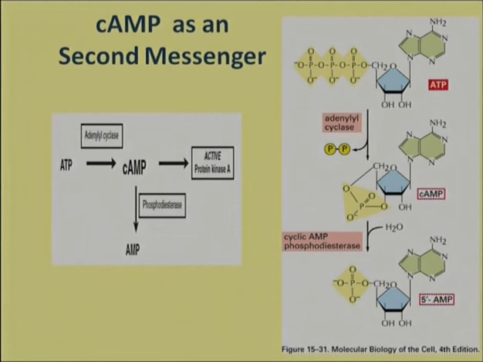Now again, one of the important things is that there is an enzyme known as phosphodiesterase or cyclic AMP phosphodiesterase. It will convert cyclic AMP into AMP. So even if cyclic AMP is there, the signaling cascade can be stopped by the employment of phosphodiesterases, which will convert cyclic AMP into AMP. AMP is not a secondary messenger.